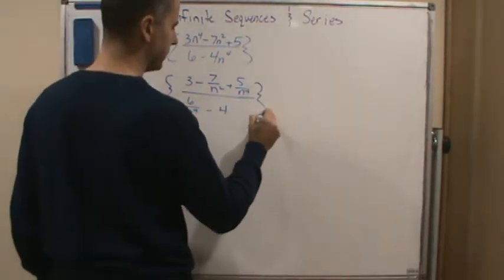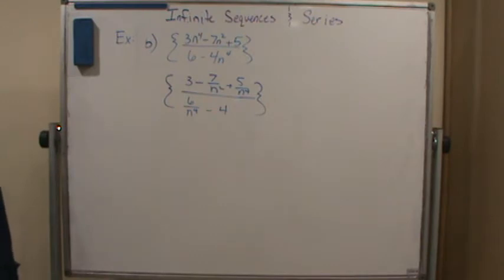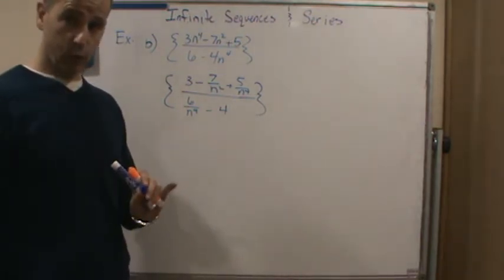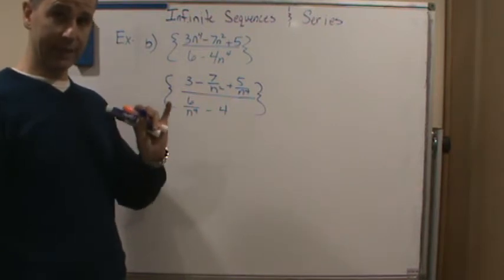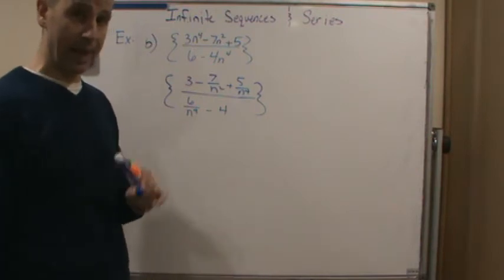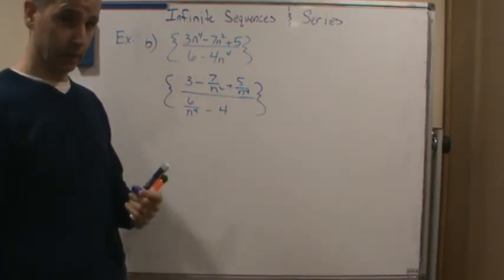Now you can better see what's going on here. So remember, we know that 1 over n to the kth power converges to 0 for all positive integers k.